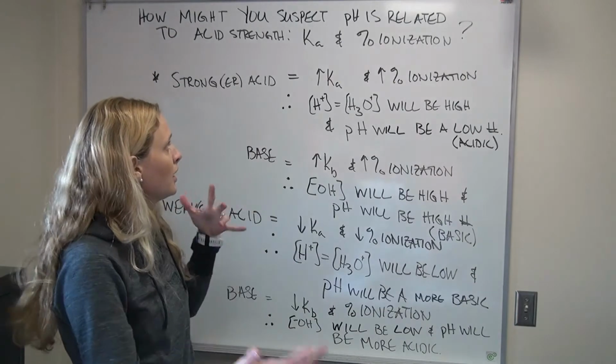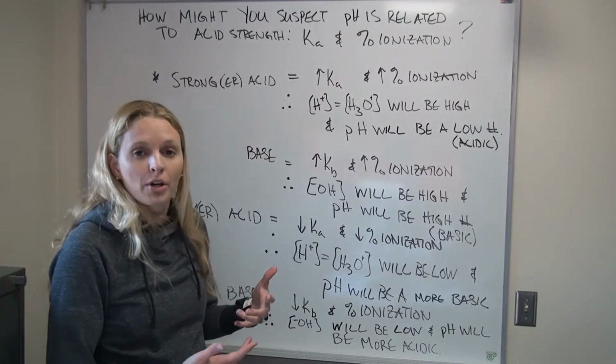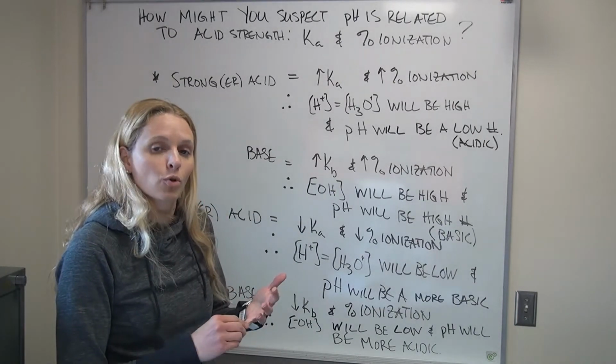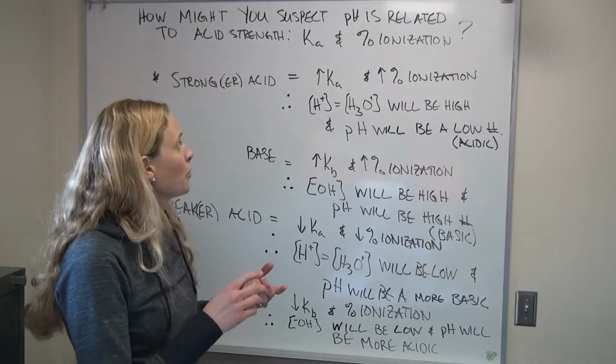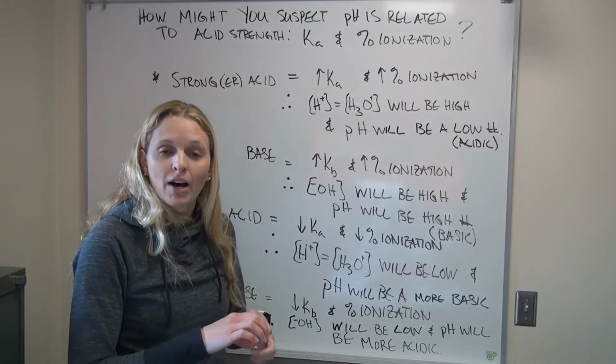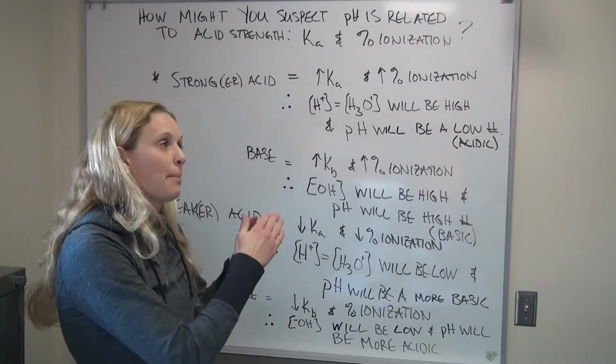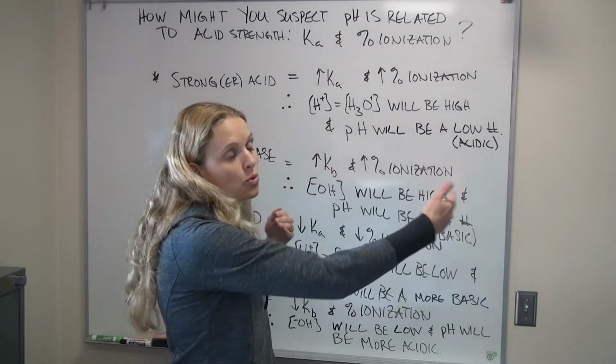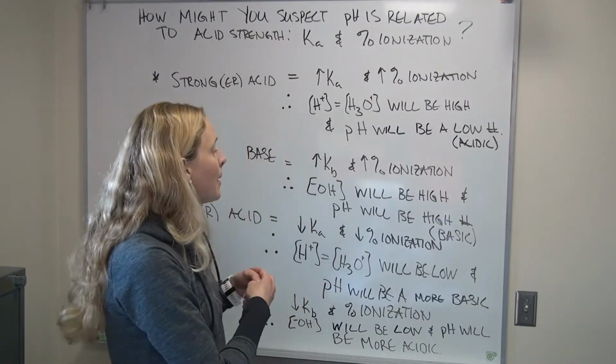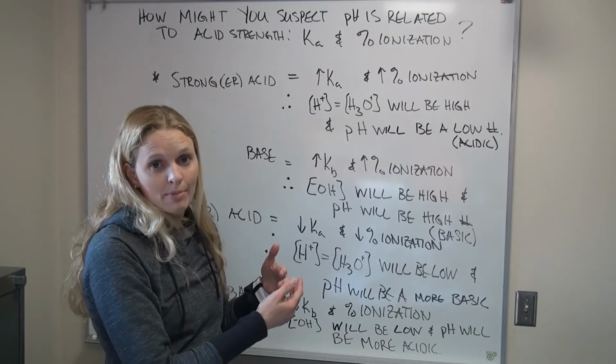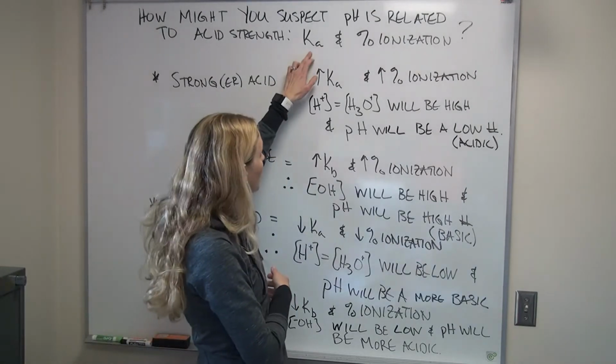If we work through some of this information that we already know, we can already make some correlations, right? If we have a high Ka number, that means the acid has dissociated a lot, and that means we have a stronger acid.